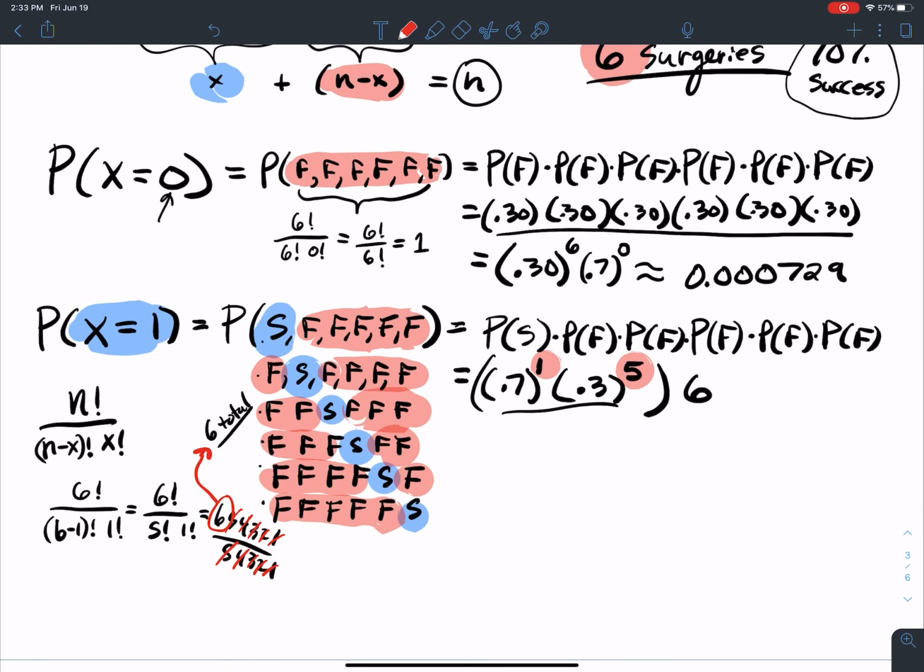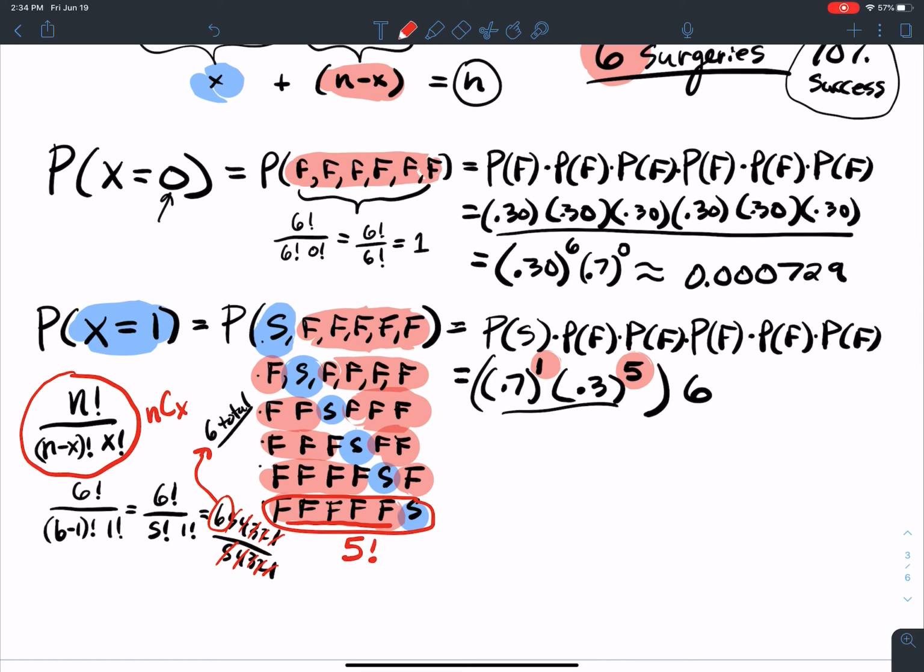So n choose x here, combination, okay? So you're 6 objects and you're choosing 1 success out of those, okay? Meaning if I just take this scenario here, I can't tell the difference between those 5 f's, so I have to divide out the 5 factorial there, okay? And so that's what's happening. I'm dividing out the 5 factorial there, dividing out that repetition.